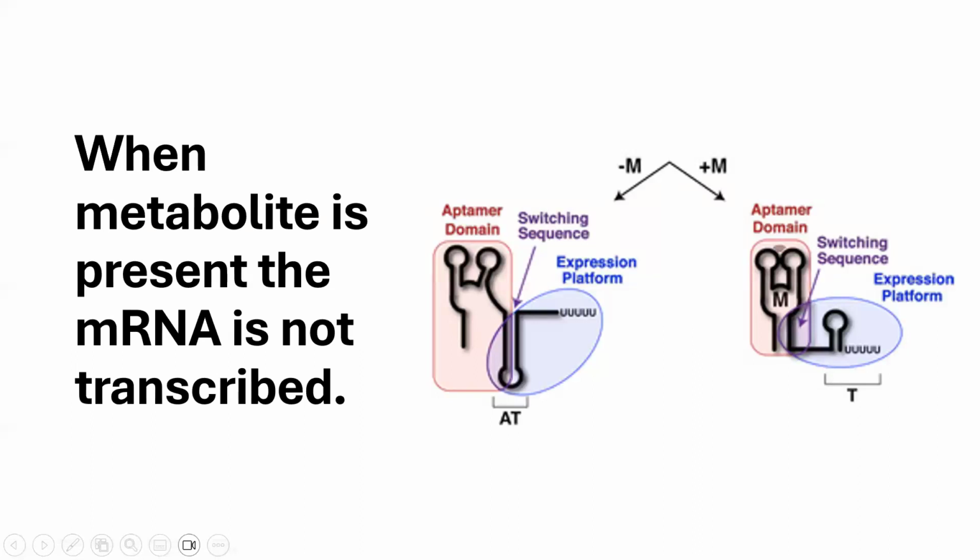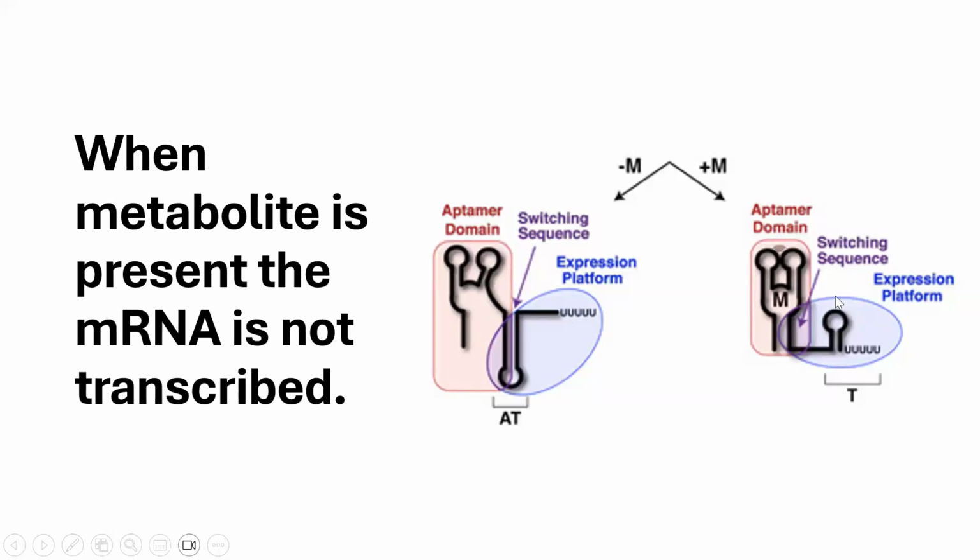And what we can see in this image is on the left-hand side, we have a riboswitch that is not in the presence of its metabolite cofactor. And in this case, the translation can occur, no problem.